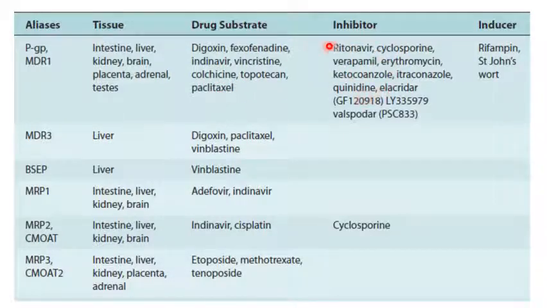Inhibitors include ritonavir, cyclosporine, verapamil, erythromycin, ketoconazole, itraconazole, quinidine, and elacridar. Rifampicin is an inducer. St. John's wort is also an inducer of P-glycoprotein.